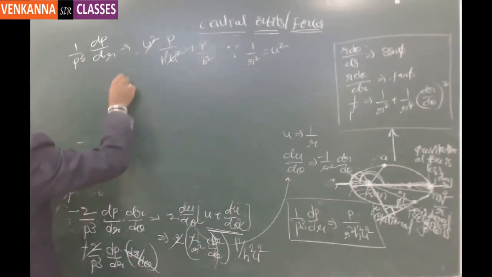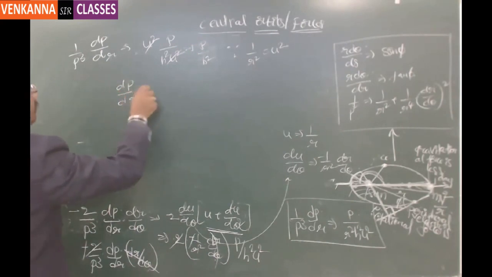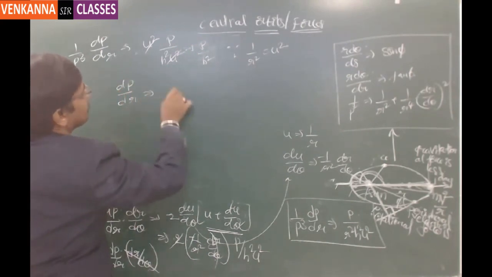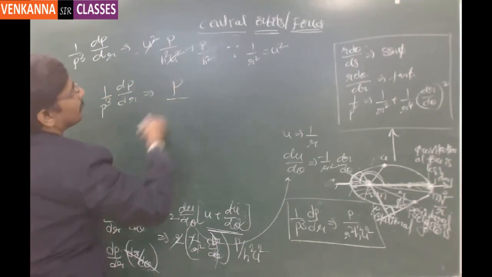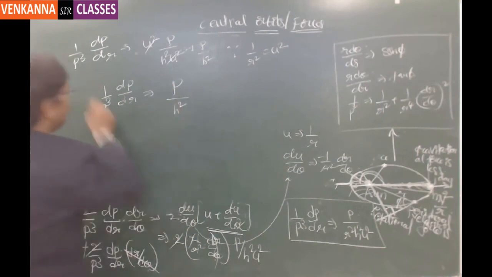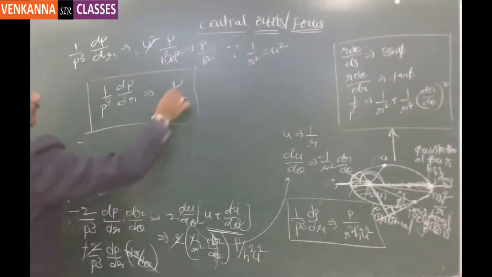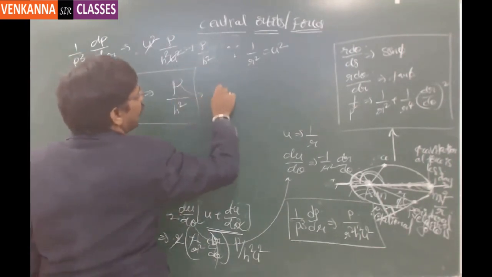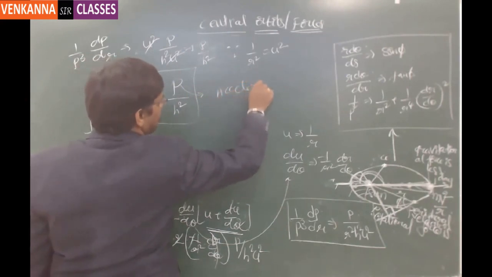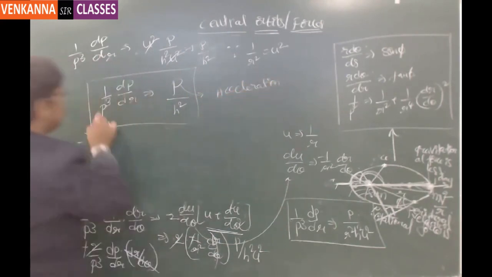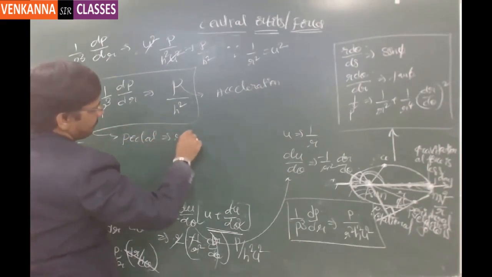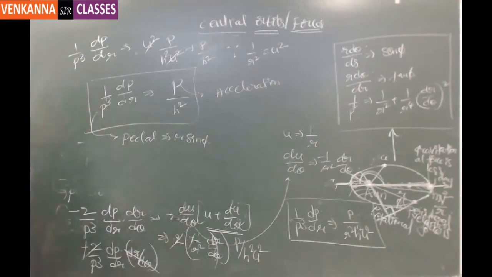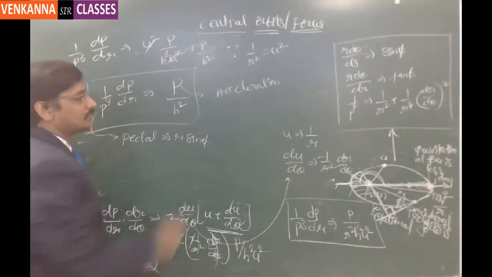So dp by dr into 1 by p cube is equal to capital P by h square. But make the difference: this is the acceleration and this is the pedal. So this difference you have to make a note of. Got it? So this capital P is the centripetal acceleration or the central acceleration.